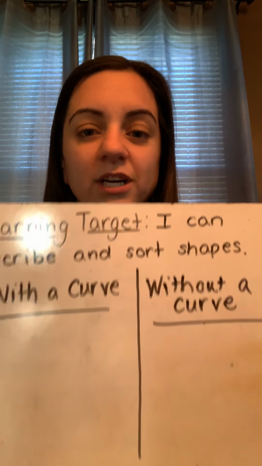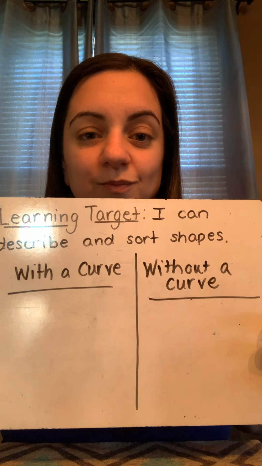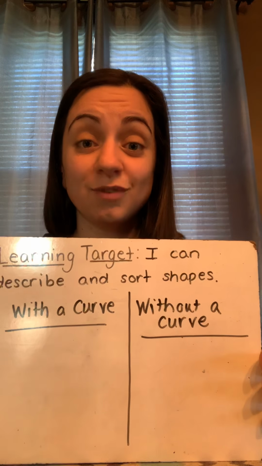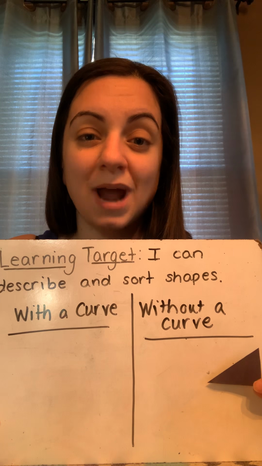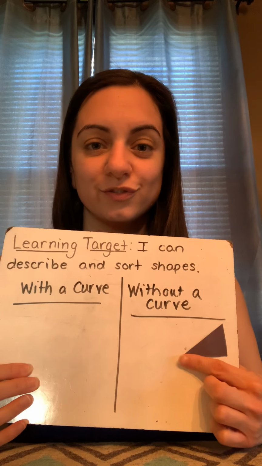Tell me right now, which side should I put it on? That's right, it goes on the side without a curve because there are no round parts. So let me stick that right on there. Thanks for helping me with that, friends. Right there, without a curve.